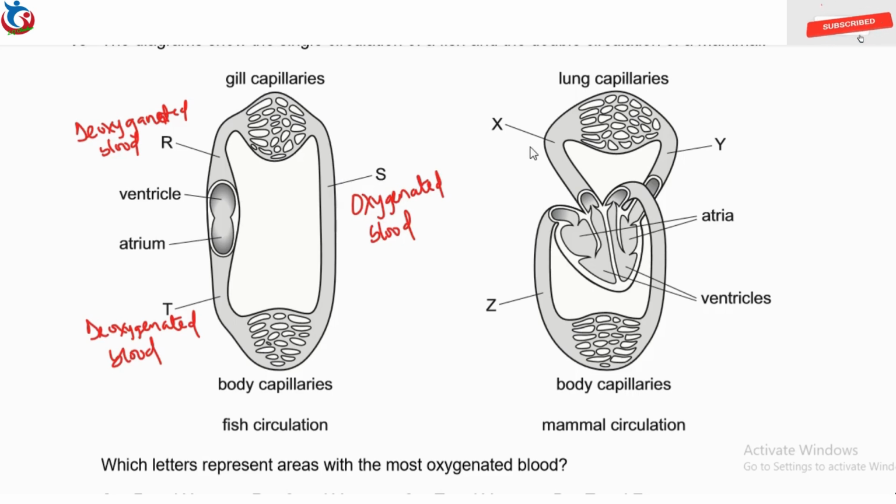Then the X, this is the pulmonary artery, and it contains deoxygenated blood. And letter Z is the vena cava, contains deoxygenated blood from the body. And Y is the pulmonary vein, and it contains oxygenated blood.